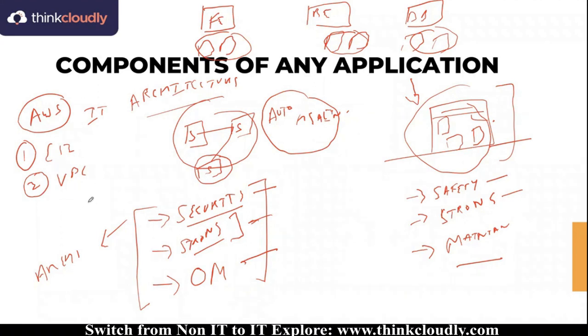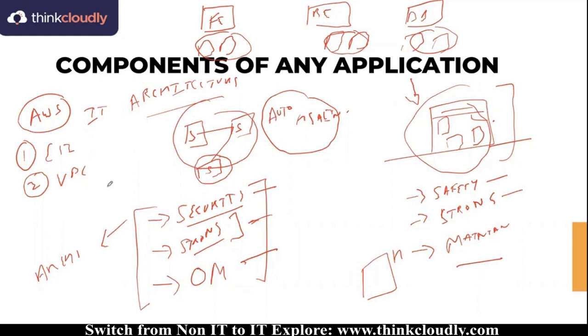For a few of you, this might be a new service, but you can imagine that if we have a home and we want to lock this home, we need a lock, right? For any IT infrastructure, VPC acts as a lock. It basically protects our IT infrastructure from getting hacked.